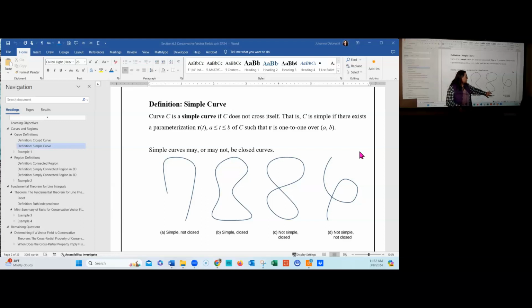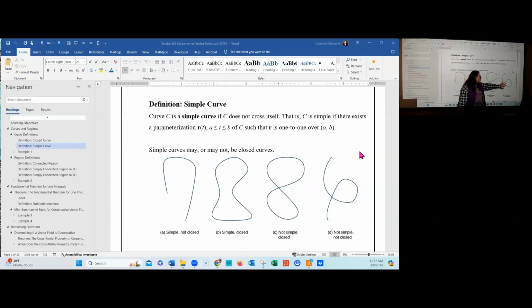The third one, which looks like a figure 8, is not simple because it intersects itself. There are two different t values that give the same value for the parameterization, r(t). It is closed because it does form a loop. You do get back to where you started.